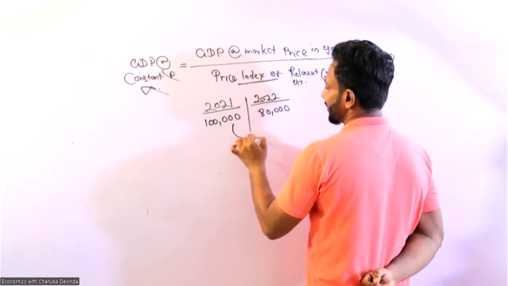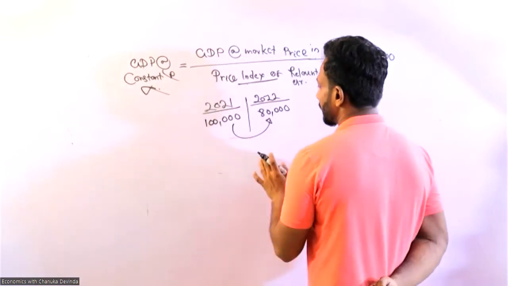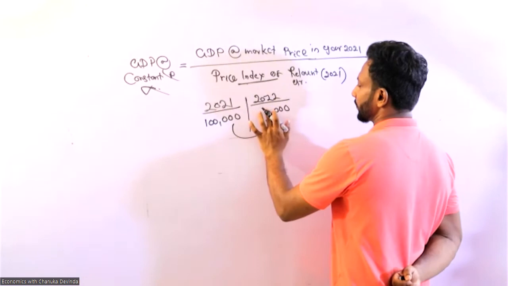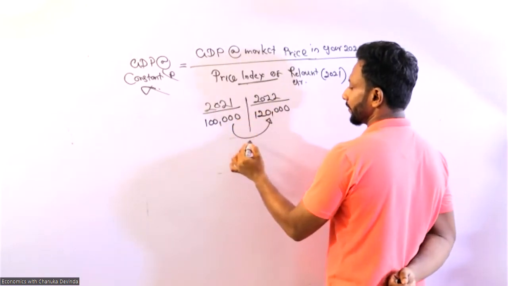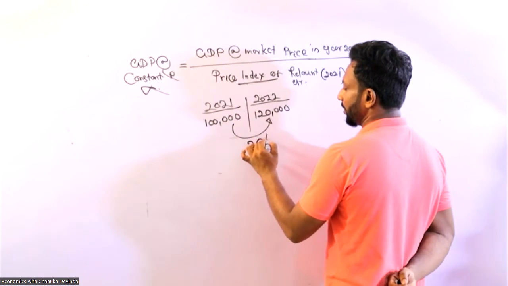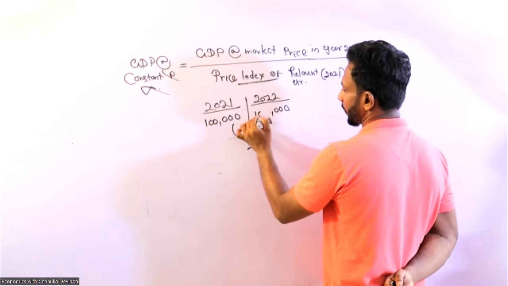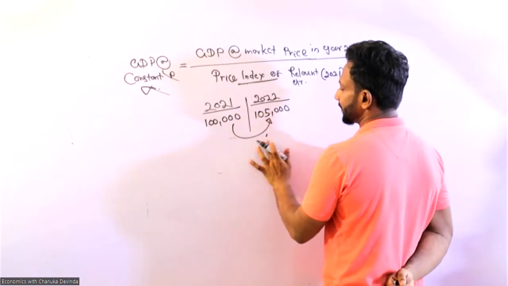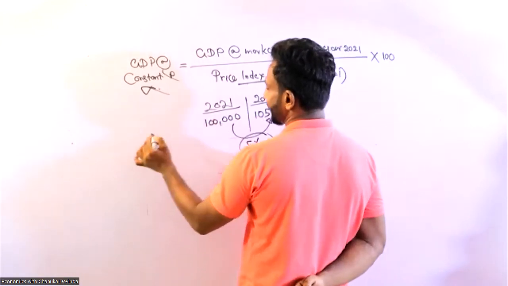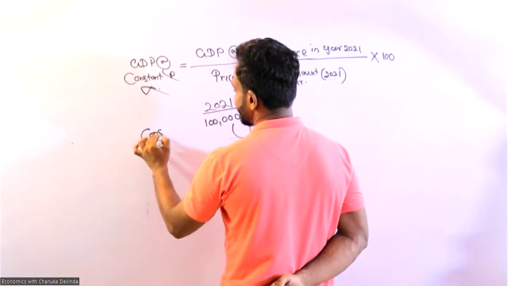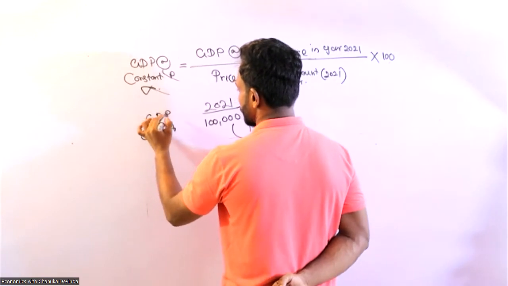So this is negative economic growth, a recession. That means growth can be positive or negative. Let's take some positive values, 120. So we can see 20% growth, right? If it was 105, it's 5% growth. This value is the GDP at constant price.